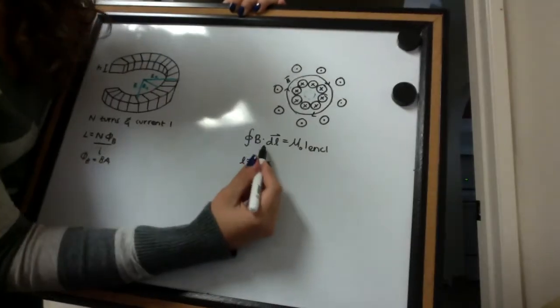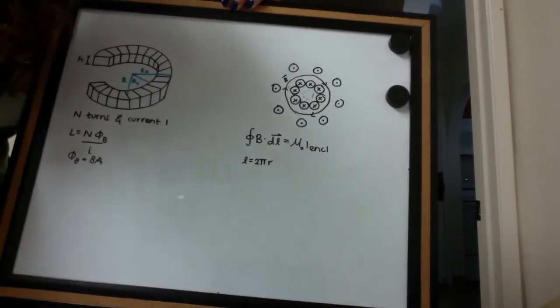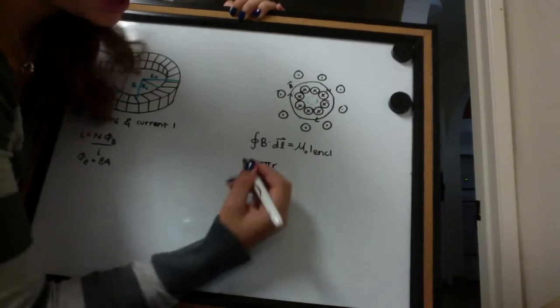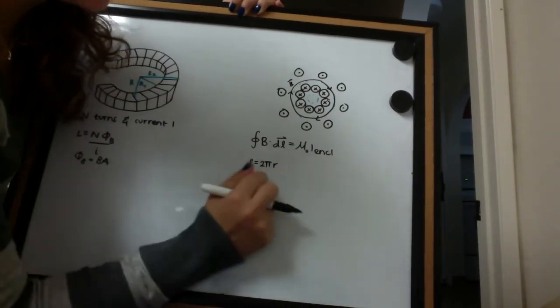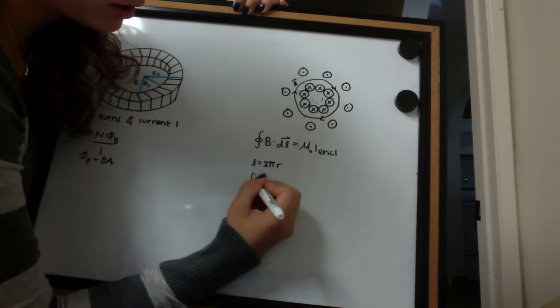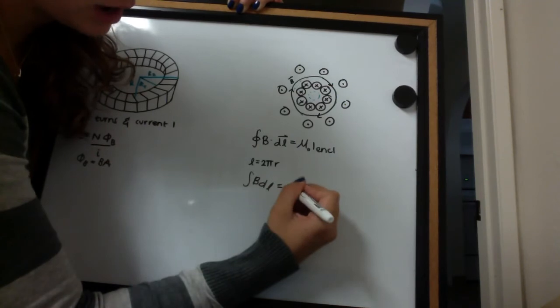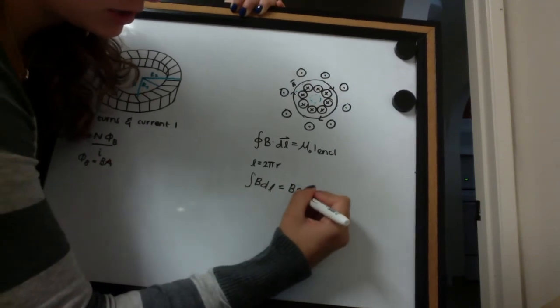The integral of B dl equals mu naught I enclosed, and we know that our L is going to be 2 pi r, so integrating B dl gives B 2 pi r.